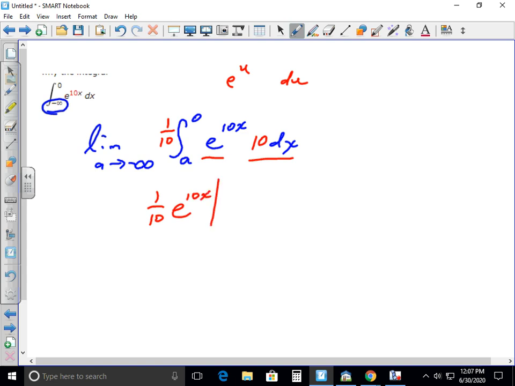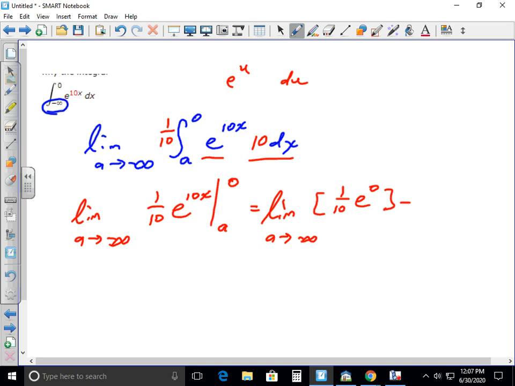We're evaluating that from a to 0, and we're letting a go towards negative infinity. So if we put a 0 in, we get 1/10 e to the 10 times 0, which is 0, minus 1/10 e to the 10 times a, or 10a.